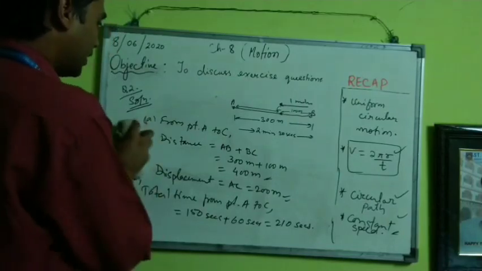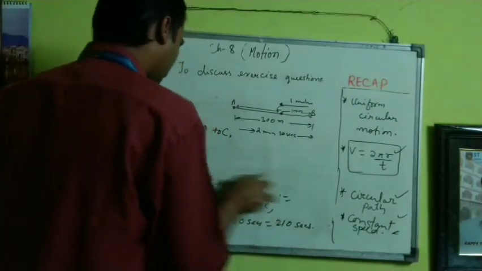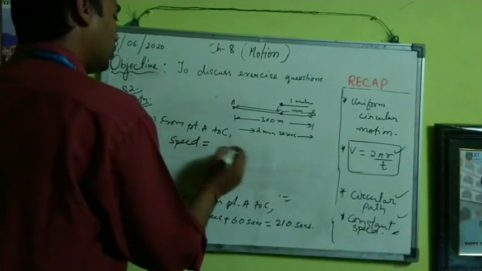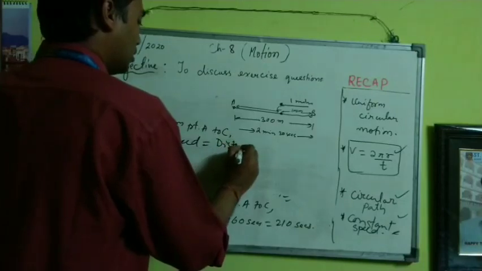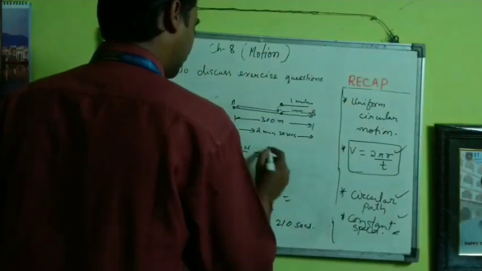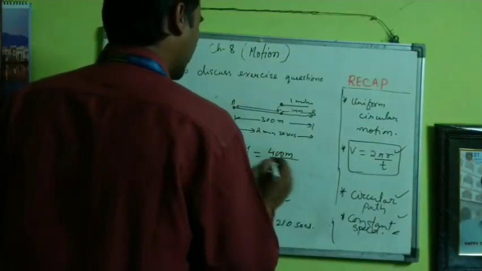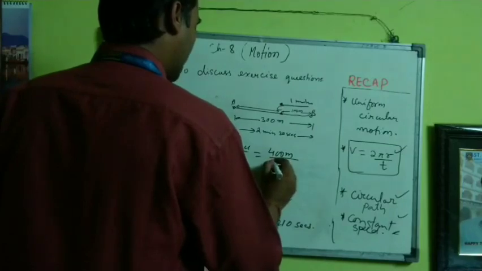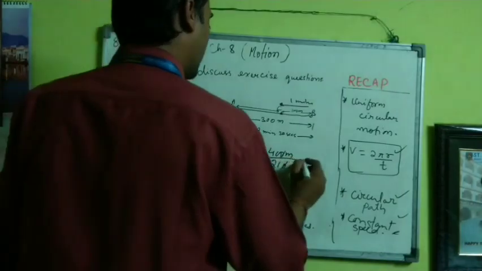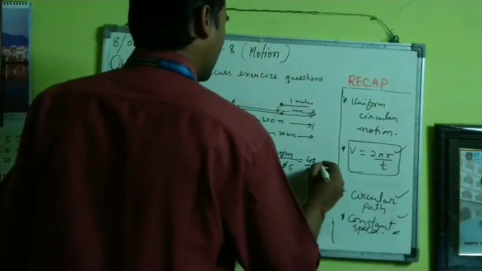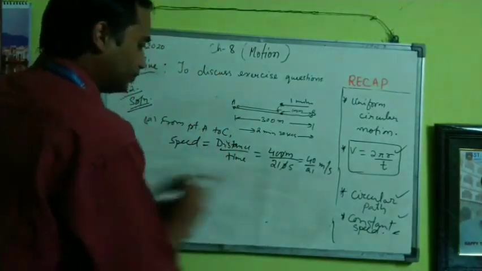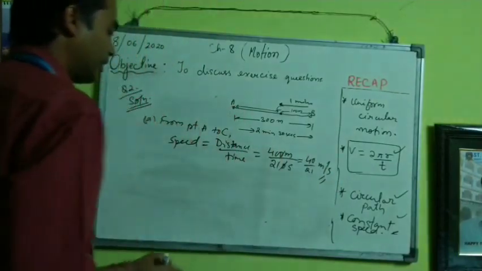So first of all let us find out the speed. Speed is equal to distance by time. Here distance is 400 meters, and the total time is 210 seconds. So this 0 cancels, and it becomes 40 divided by 21 meters per second. You can find it in decimal, or keep it in fractions.